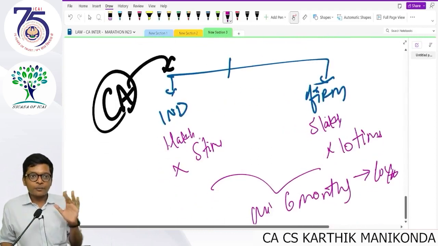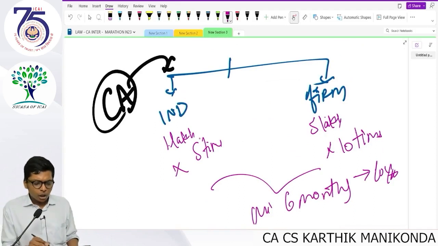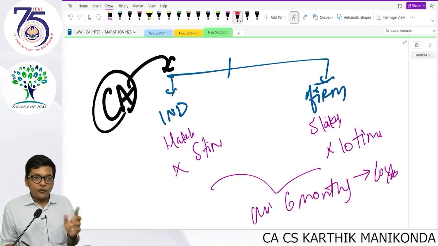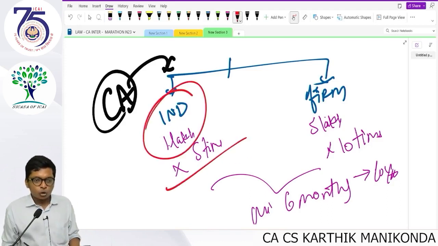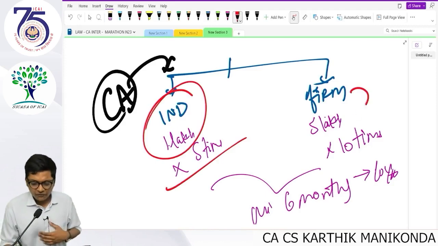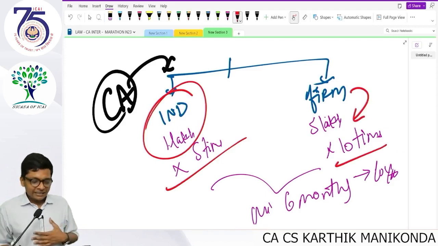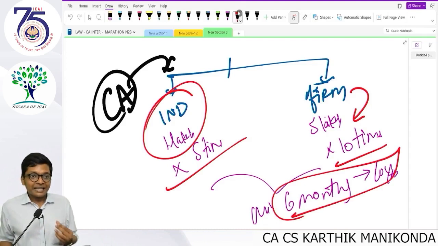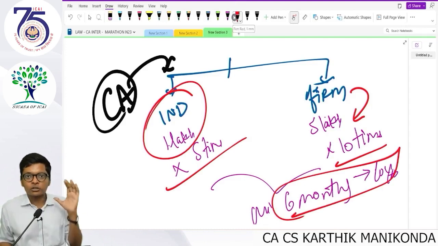If you don't do the work properly, if NFRA finds you signed where you should not sign, or any non-compliance, did not follow accounting standards properly, the individual is fined 1 lakh up to 5 times, the firm 5 lakhs up to 10 times, and the member is suspended for minimum 6 months, maximum 10 years, debarred, and your membership number cannot be used.